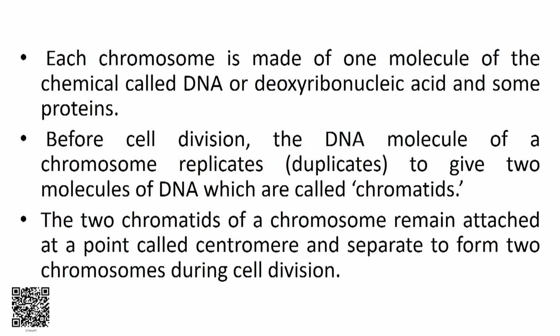Each chromosome is made of one molecule of the chemical called DNA, or deoxyribonucleic acid, and some proteins. Before cell division, the DNA molecule of a chromosome replicates to give two molecules of DNA, which are called chromatids, and the two chromatids of the chromosome remain attached at a point called the centromere and separate to form two chromosomes during cell division.